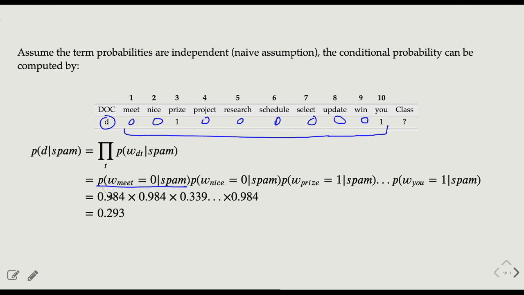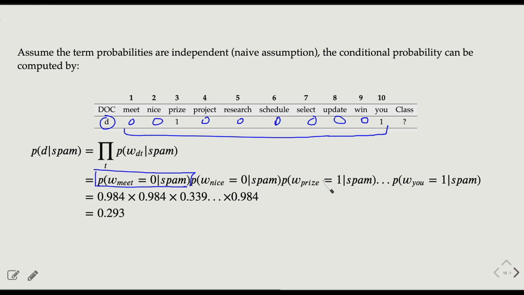So it becomes the product of the individual probabilities. And for the term mean, which does not appear, we need to estimate how likely the mean does not appear, when the weight is equal to 0, given that it is a spam email. So P(W_mean = 0 given spam) times P(W_9 = 0 given spam), and then times price.